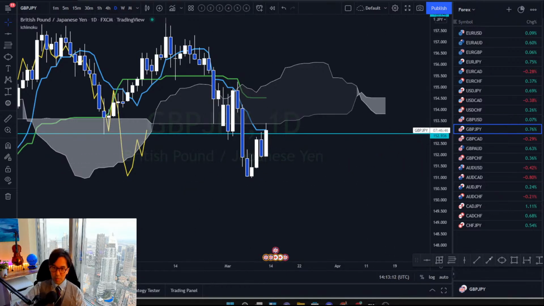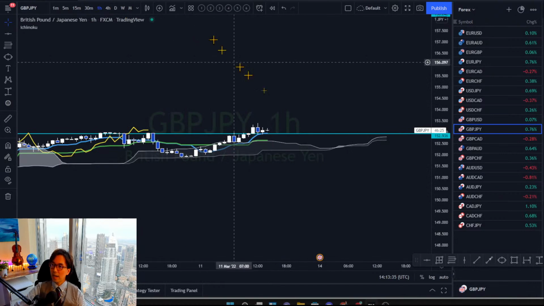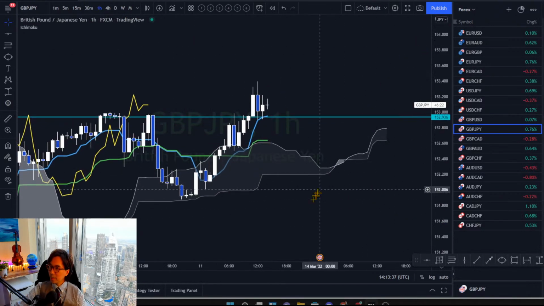Once the market breaks the Tenkan Sen, it could retrace back to Kijun Sen through the Kumo. So I think this is not really a good timing to buy or sell. We better wait for at least a Tenkan Sen break in the daily time frame to be able to look for the buy chance.